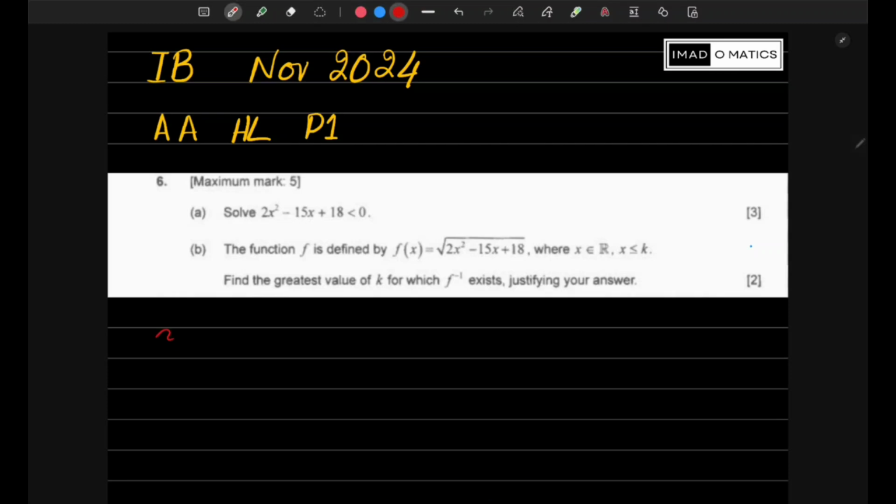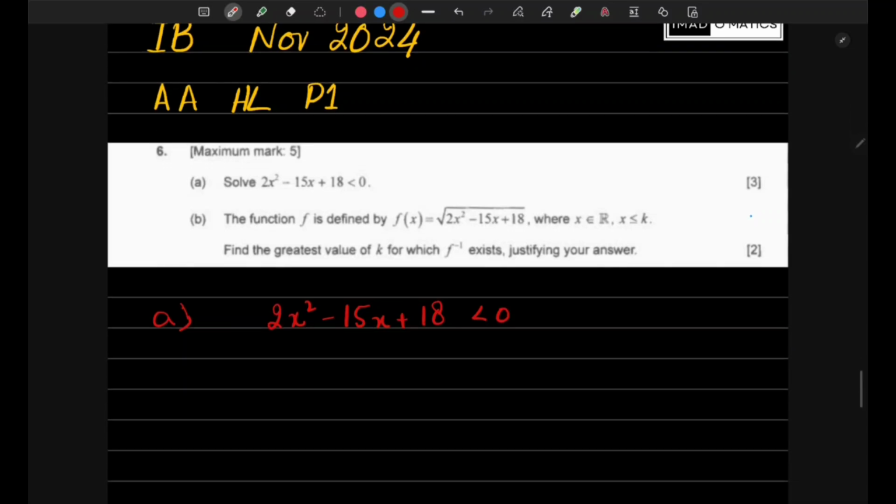Now start with part A, in which we have a quadratic inequality 2x² − 15x + 18 < 0. Let's find the roots by factorization, or you may also find them through the quadratic formula.